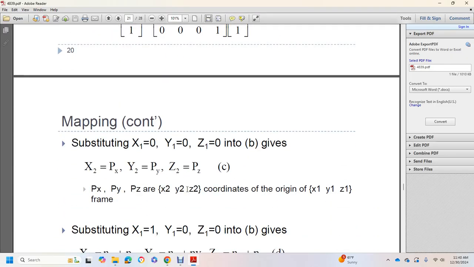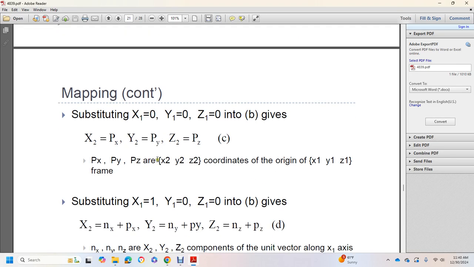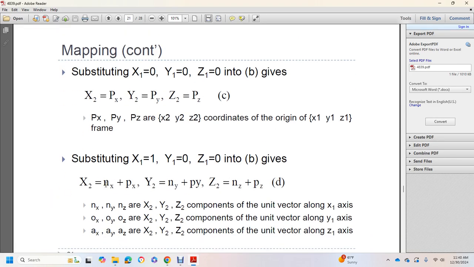Mapping, substituting x1 equals 0, y1 equals 0, z1 equals 0 gives x2 equals px, y2 equals py, z2 equals pz. So px, py, pz are the coordinates of the origin of the XYZ1 frame. Substituting x1 equals 1, y1 equals 0, z1 equals 0 gives x2 equals nx plus px, y2 equals ny plus py, z2 equals nz plus pz.